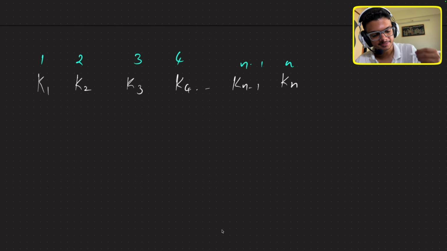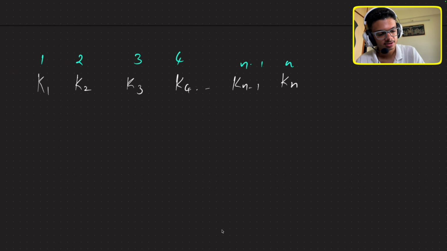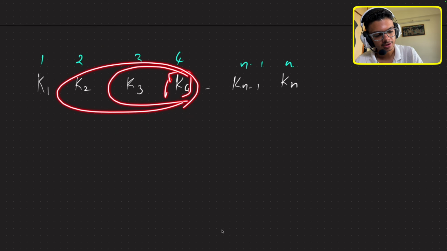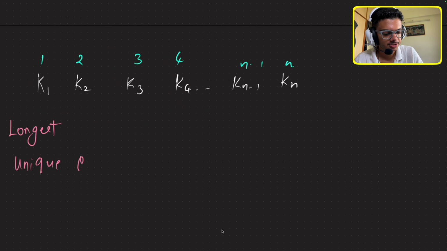All the possible subarrays ending at index 4 will be 4, from 1, 2, 3, 4. You want the longest, and you want all of them to have unique elements, because our answer is simply the maximum of every possible longest subarray. So firstly, we want the longest.